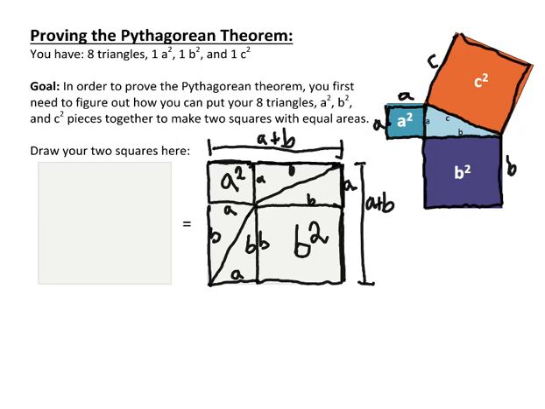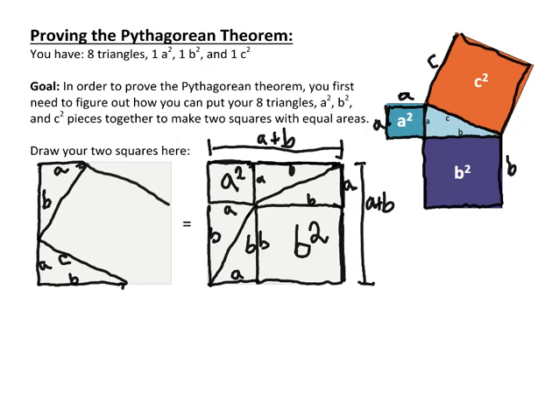Well, what I can actually do is put my triangles here. So this would be side A, this is side B, and that's side C there. I want this to have the same area, so this is going to need to be B there, and that would mean that's A. This is going to be B up here, that's A there, that'll be C, that's C too. And here we have A and B and C.